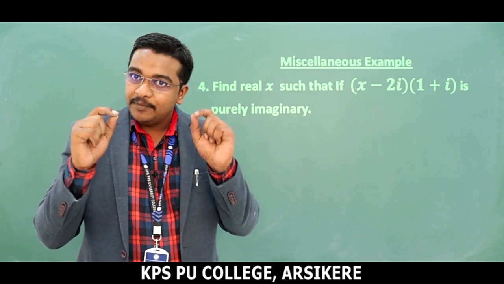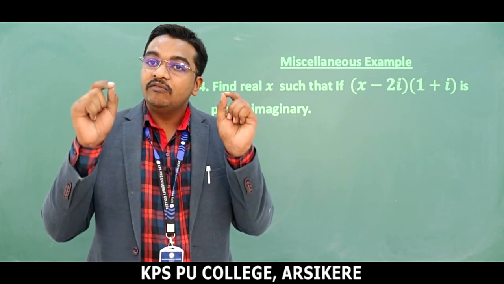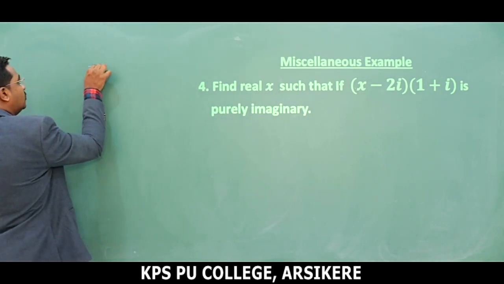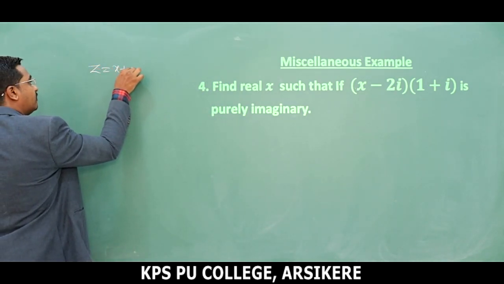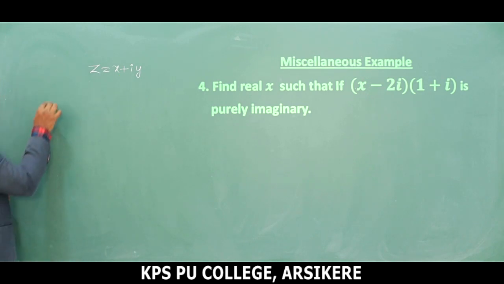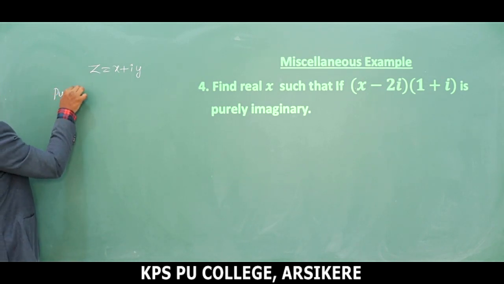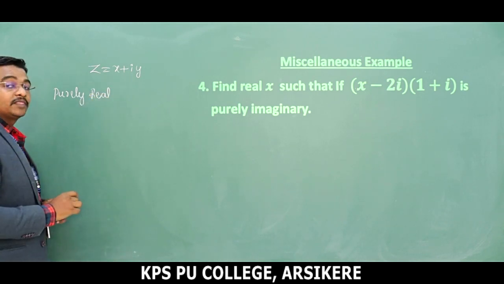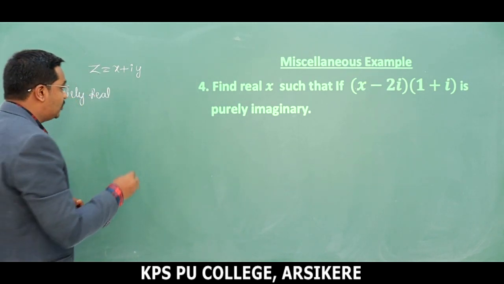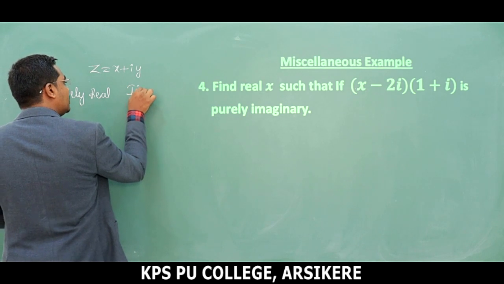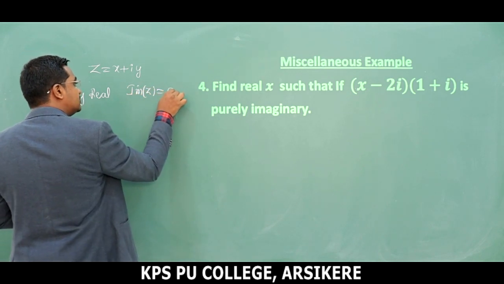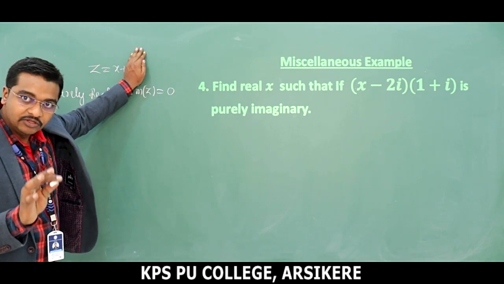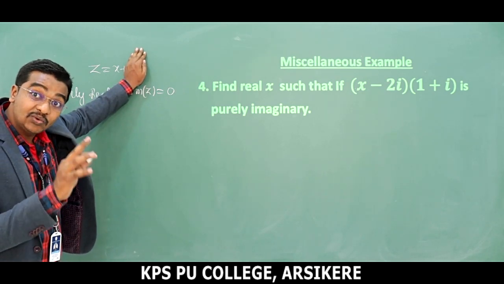In the beginning I told you, when we have z is equal to x plus iy, it is said to be purely real when the imaginary part is 0. Im of z is equal to 0. It means the imaginary part is absent. So we can say that number is purely real.